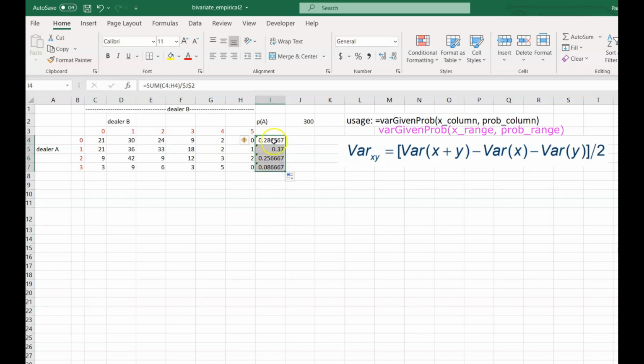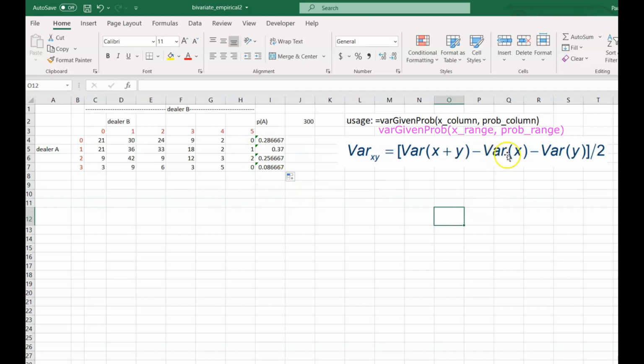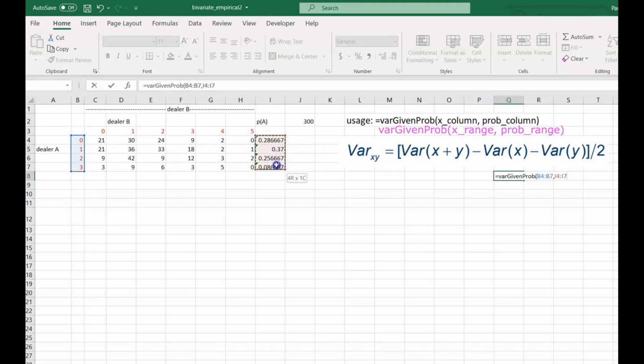So this is the probability. For the variance of dealer A, we use the X column and the probability column. I put it here, so this is VAR given probability. There are 2 input variables: this is the X column and this is the probability column.